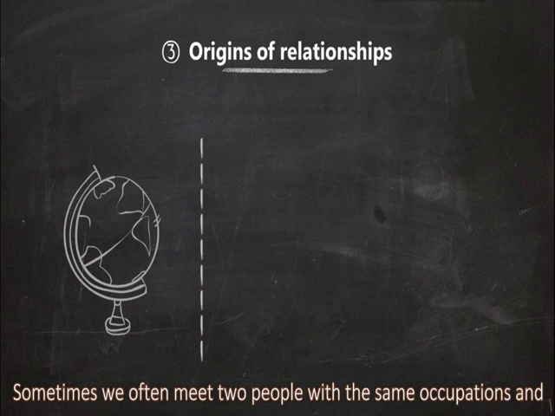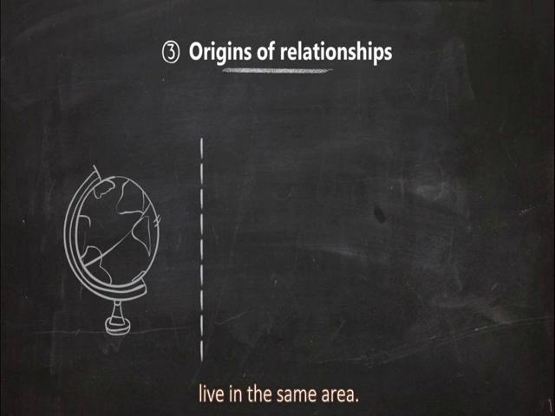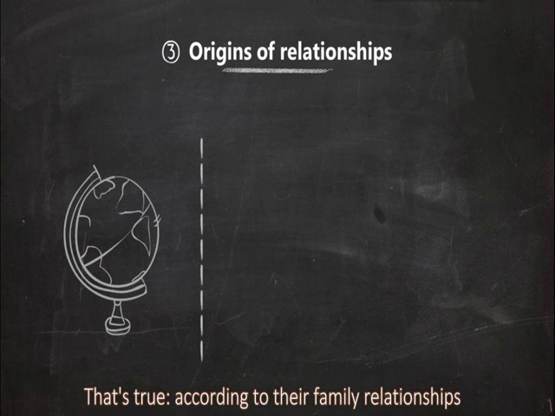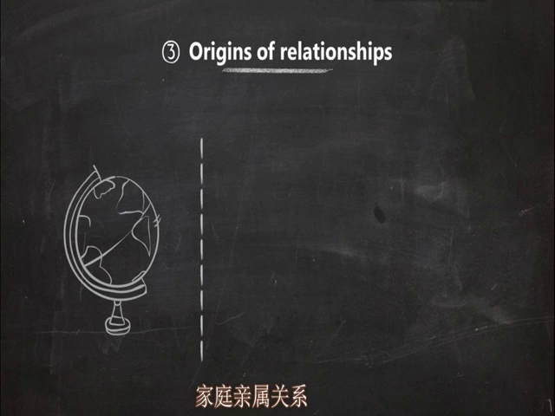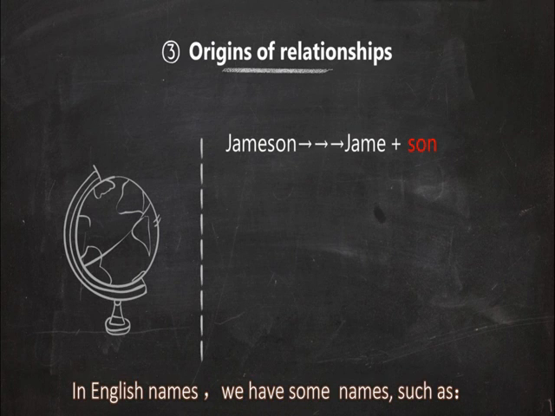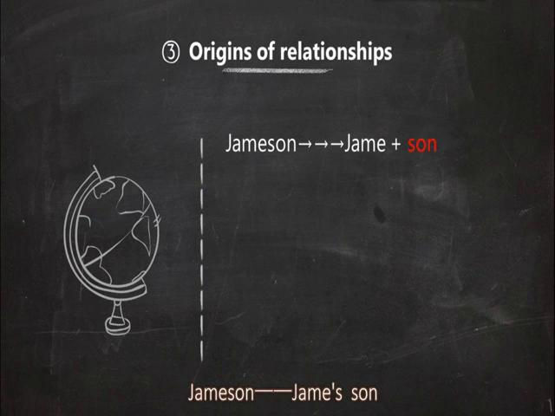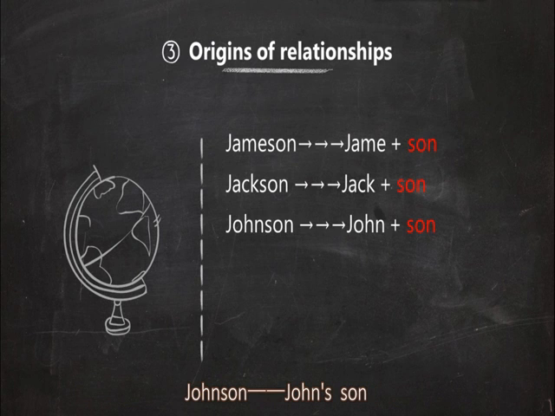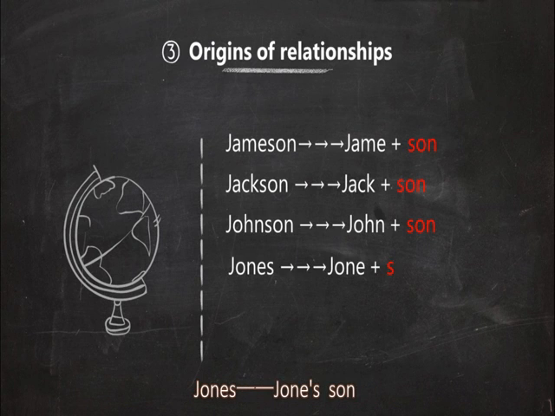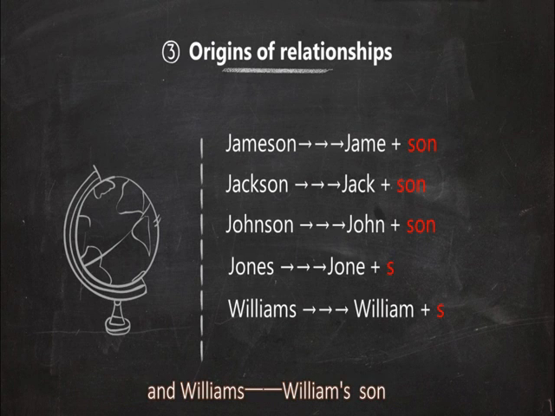Sometimes, we meet two people with the same occupation who live in the same area. Then, how can we call them? That's true according to their family relationships, 家庭亲属关系. In English names, we have some names such as Jameson, Jackson, Johnson, Joyceson, and Williamson.